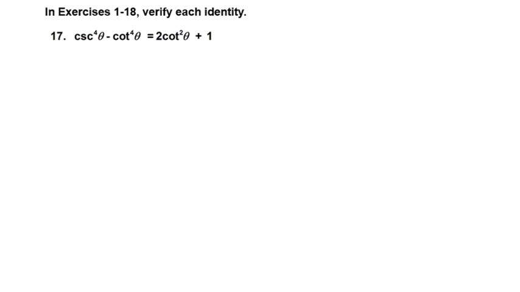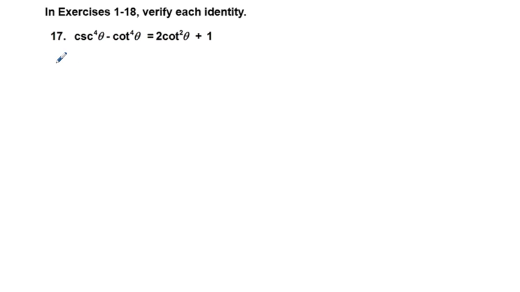And that is, we have cosecant fourth theta minus cotangent fourth theta equals 2 cotangent squared theta plus 1. So let's go ahead and just write down our basic identity that we're going to use. And I hope that's pretty apparent. Well, we could rewrite this cosecant fourth theta minus cotangent fourth theta as a difference of squares.